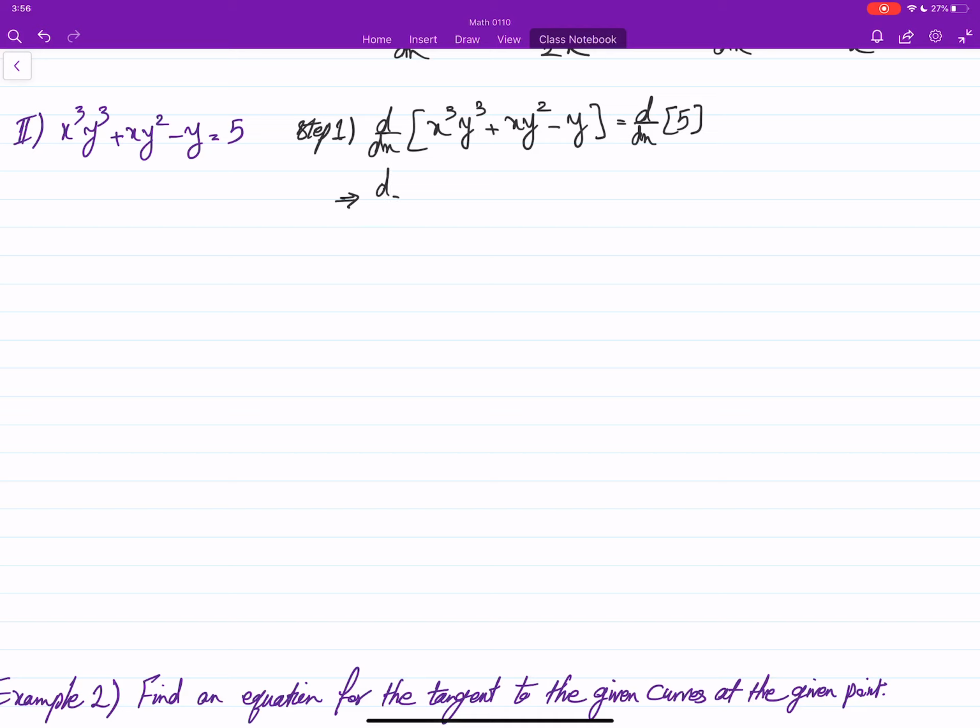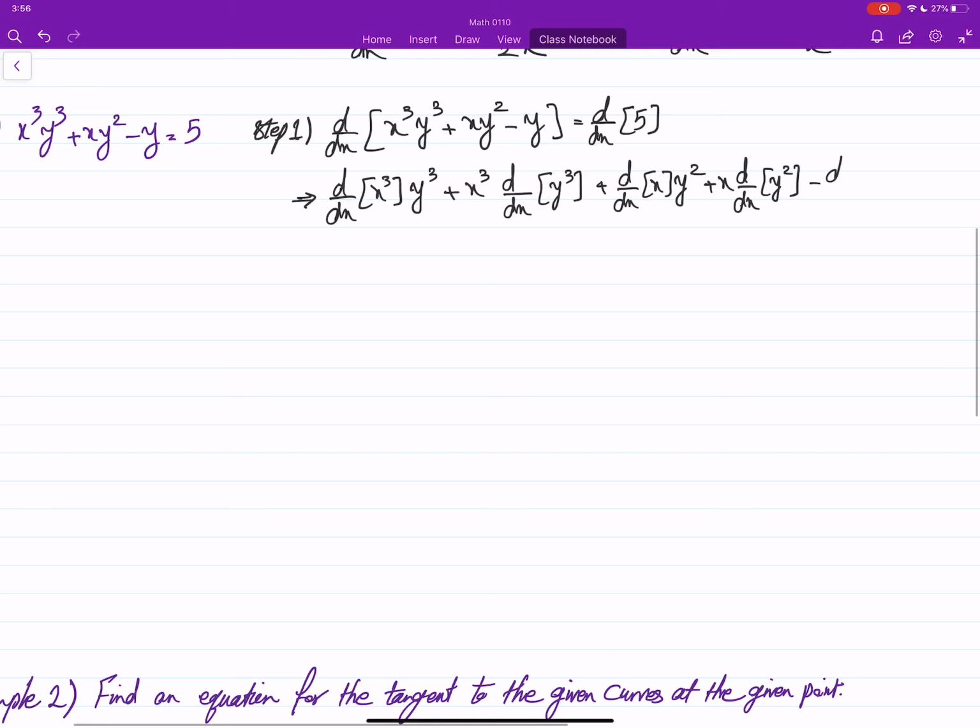So we see d/dx of x cubed times y cubed, plus x cubed times d/dx of y cubed, plus d/dx of x times y squared plus x times d/dx of y squared, and then minus d/dx of y. The right hand side is just the derivative of 0.